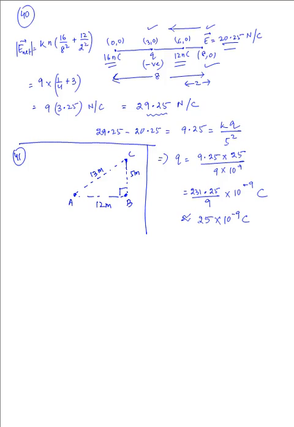And the charges present are 400 microcoulomb at the point A, and then minus 100 microcoulomb at B. And the net field, well, the field due to this, it will be along this direction, in the downward direction.